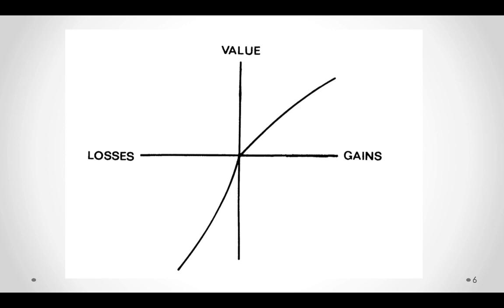And it translates it into a subjective value, or simply put value, or how happy it makes us, or how much pleasure we get out of it. Okay, so this curve, the value curve, translates an objective value into a subjective value. So it takes money in our case, and it translates how do we feel about it.